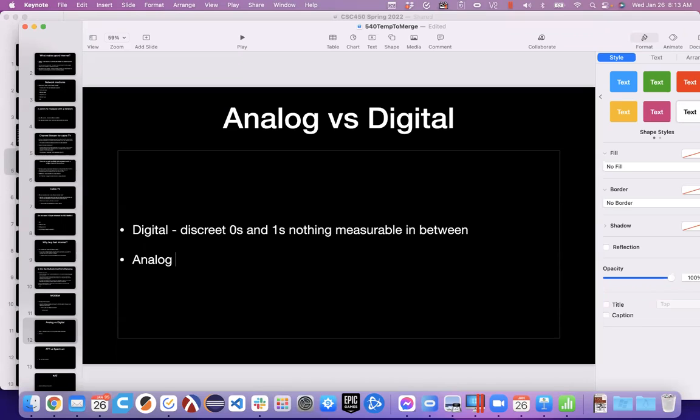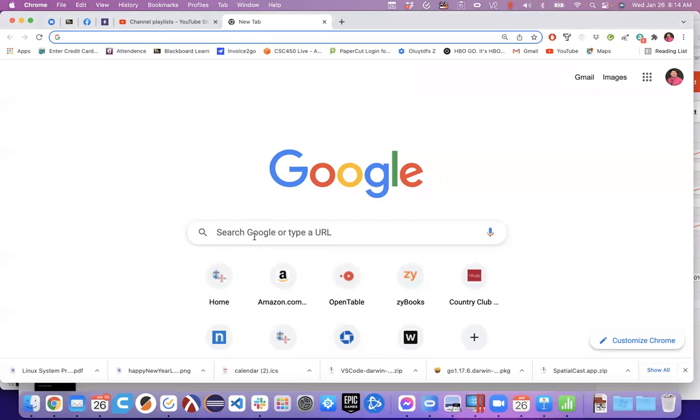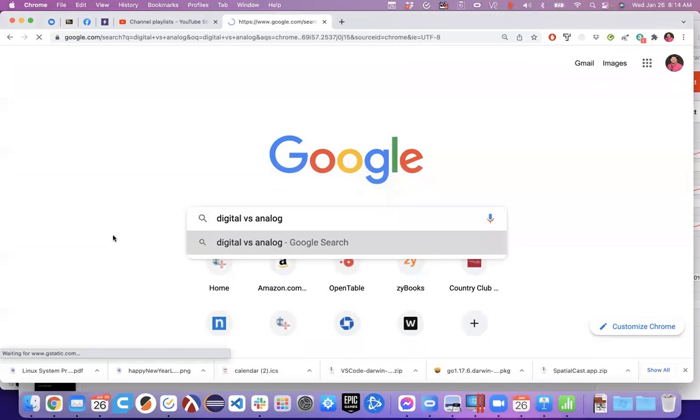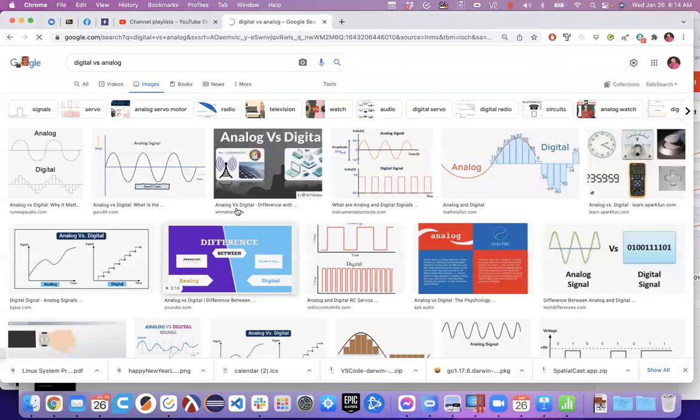Analog has multiple measurements between 0 and 1. It looks like a wave. So I'll just do a digital versus analog search here. We'll probably get a picture that shows the comparison of those.